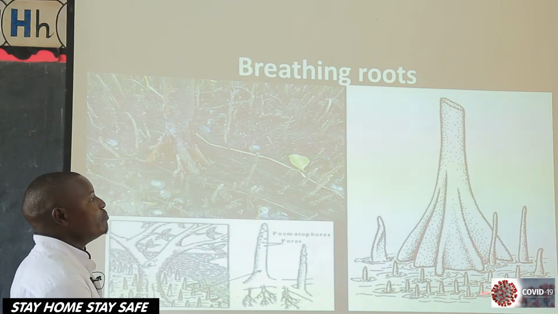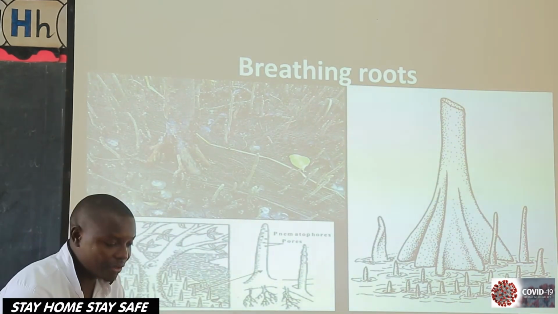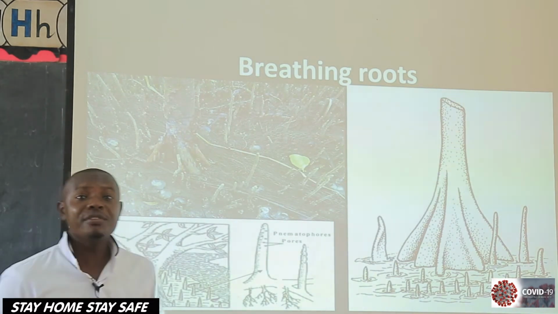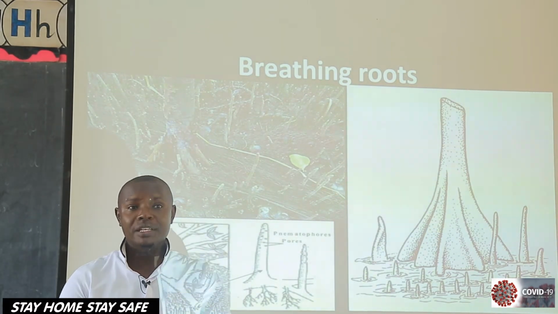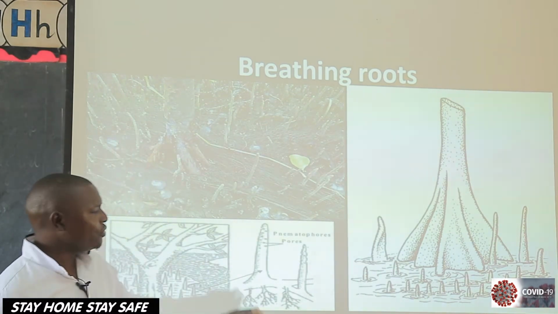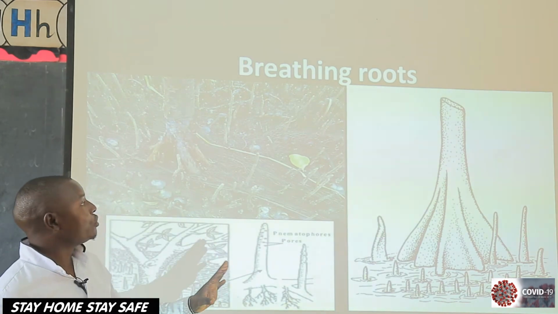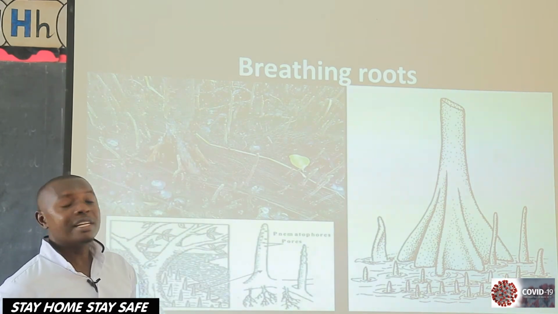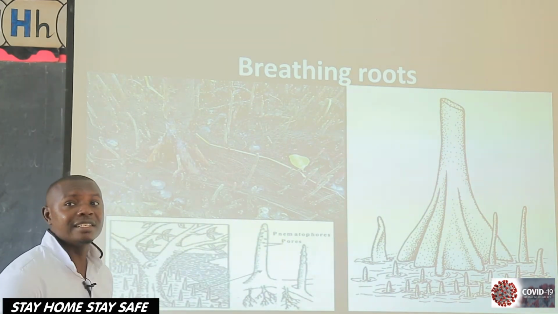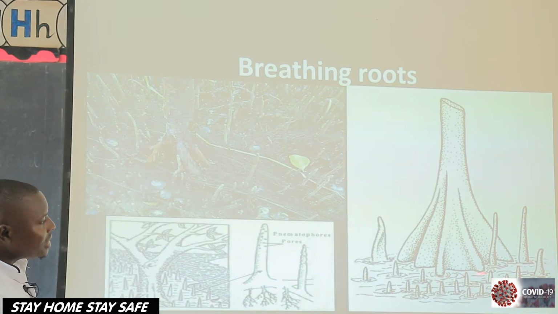Those ones are called breathing roots. Some plants grow in the soil, therefore they find it very difficult to breathe in carbon dioxide to make their own what? Food, or oxygen for respiration. Therefore, they have to come out through the water, and they have to breathe, so that the plant can get the gases that it wants to carry out its processes. So these are breathing roots.